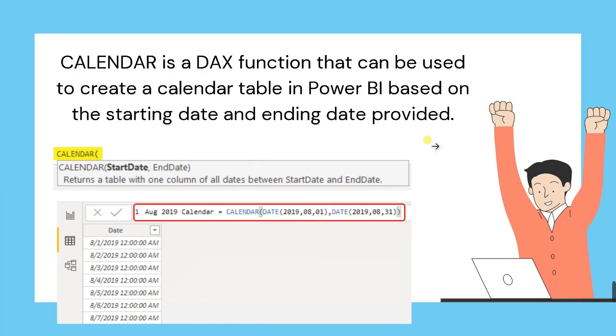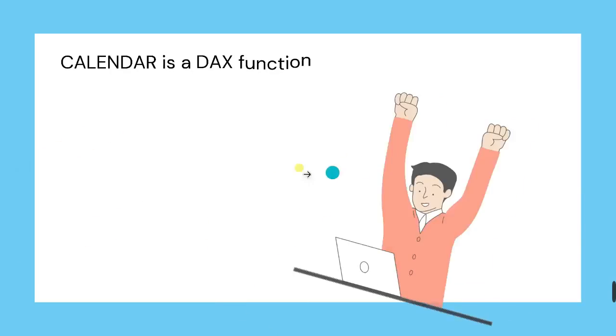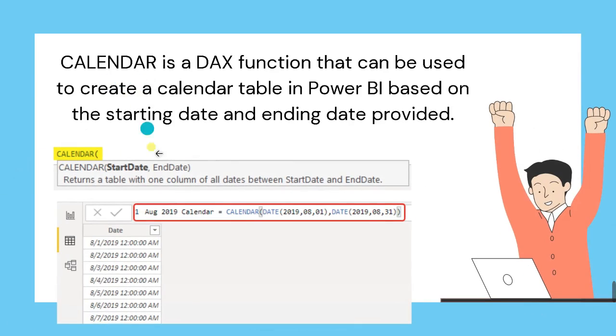Then the next DAX function is the CALENDARAUTO DAX function. Let me clear this up first. The functionality of the CALENDAR DAX function and the CALENDARAUTO DAX function is completely the same. The only difference is that in the CALENDAR DAX function we have to pass two arguments inside the brackets, one is the start date and another is the end date.